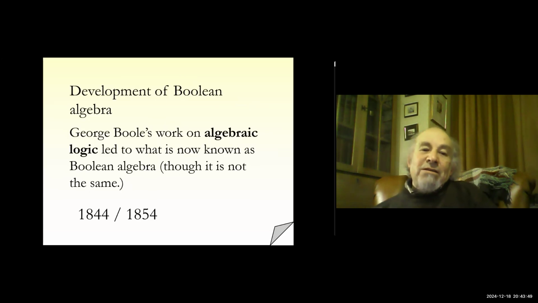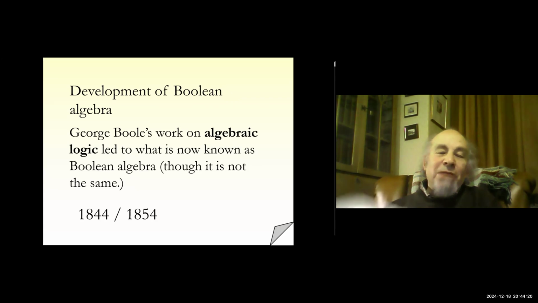From that, later on, alongside the beginnings of modern mathematics developing in the 19th century, as we saw in the earlier set of things, we have George Boole's work on algebraic logic, which gave its name to Boolean algebra, similar to what George Boole himself was working on, but in the end not identical. But we move on.